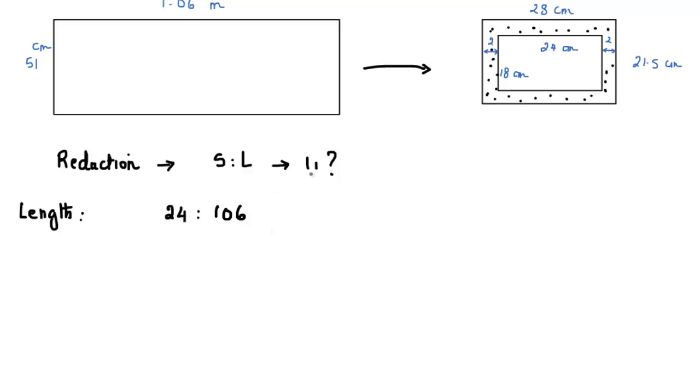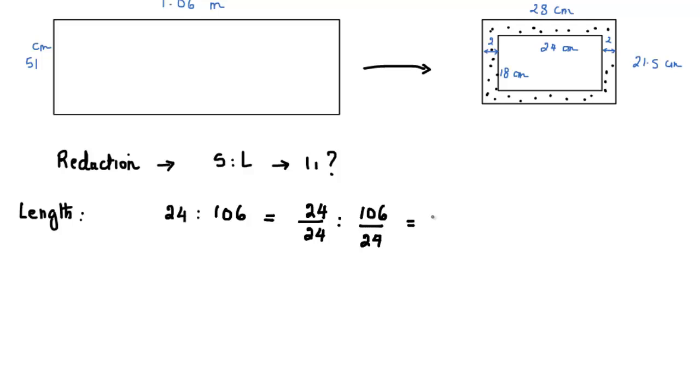Now, again, we need a scale that starts with 1, not a large number. So I need to transfer this one to 1. That means 24 by 24 is going to give me the 1. In this case, I have to divide the 106 by the same number to keep the balance between the two ratio.